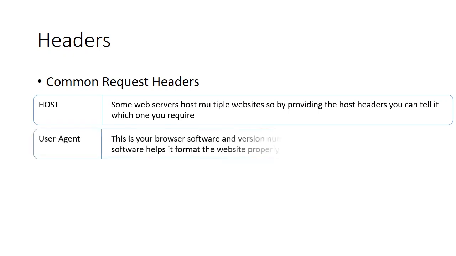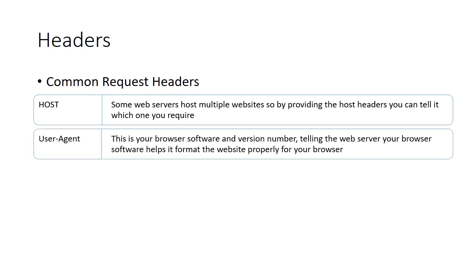Then there's the user agent. If you remember earlier, we said the user agent was the browser version and so on. So this is your browser software and version number. It tells the web server your browser software, which helps format the website properly for your browser, and also some elements of HTML, JavaScript, and CSS are only available in certain browsers.